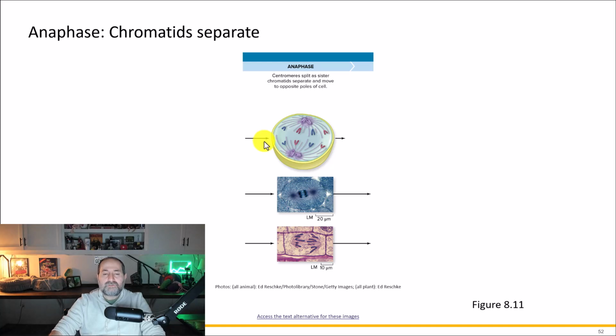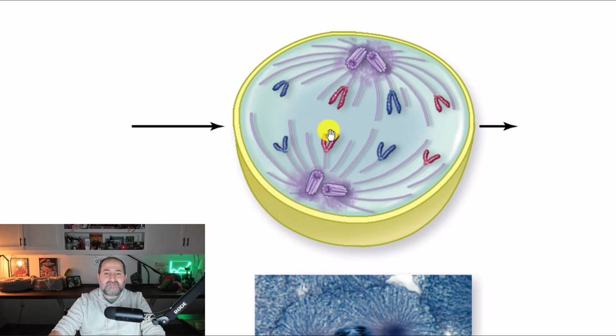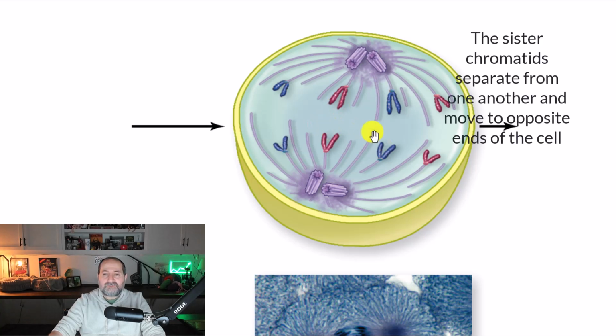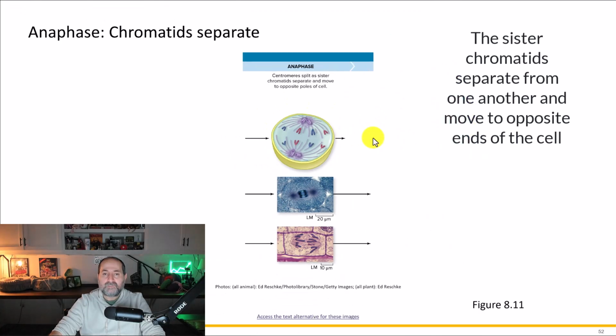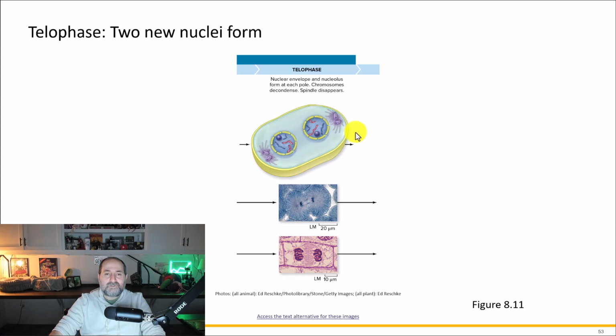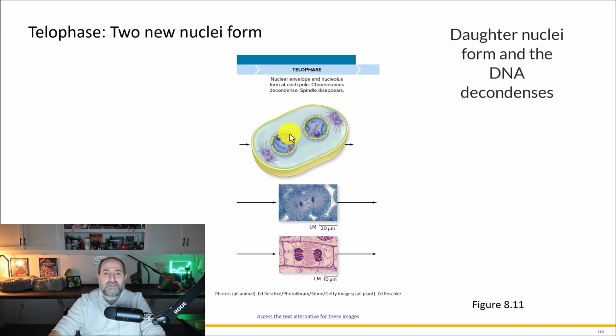Then during anaphase, the sister chromatids separate from one another and start moving to opposite ends of the cell. And lastly, during telophase, daughter nuclei form, and the DNA begins to decompress or uncondense.